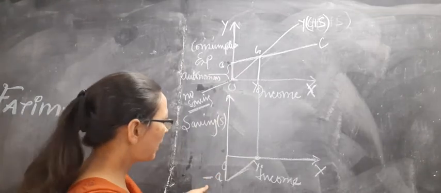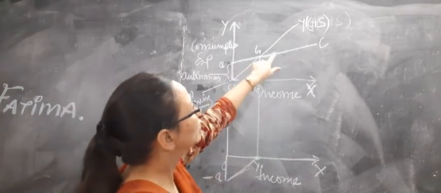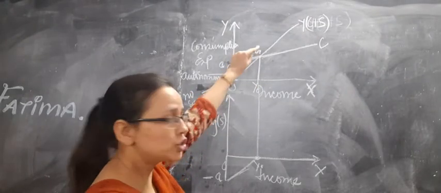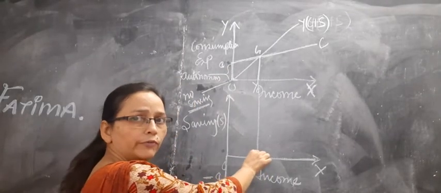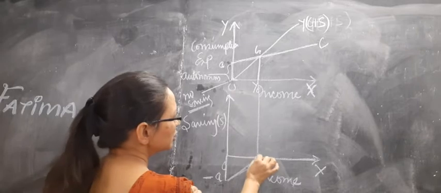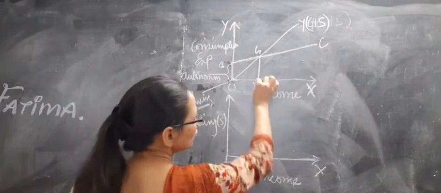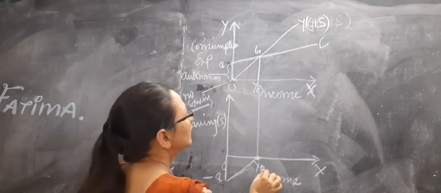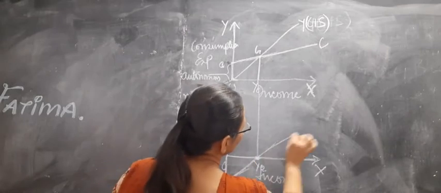So this is negative saving of the consumer, and when consumption is equal to income, the saving is again 0. The X axis shows the 0 level of saving. The curve meets it here, and here also it is the Y0 level of income.